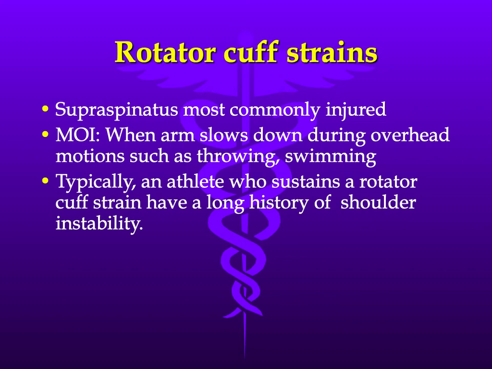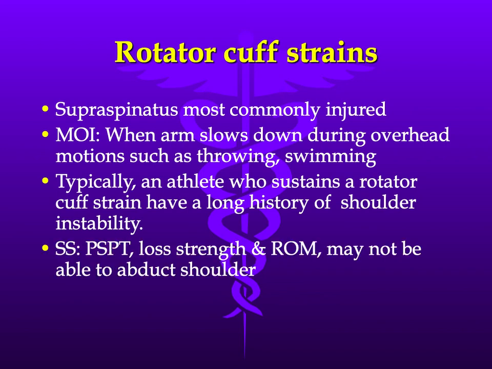And so typically, when we have a rotator cuff strain, the person is also having a lot of small dislocations. So our signs and symptoms here are pain, swelling, point tenderness, loss of strength, especially if we know what the range of motions are and the actions that the rotator cuff performs. We can test those things.